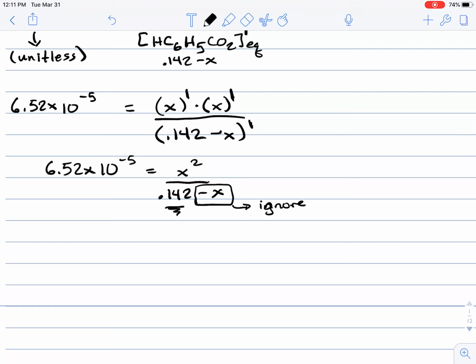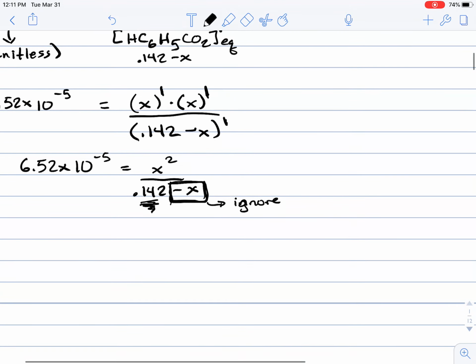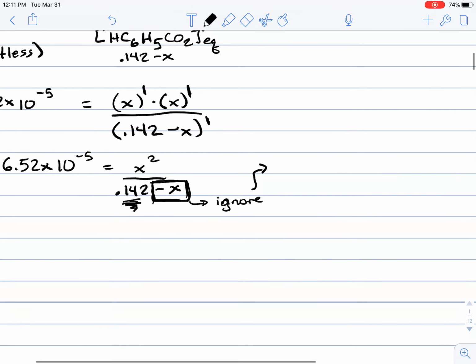However, if the change is very minuscule, such that it won't really affect the value of the initial concentration too much, then we can go ahead and ignore it. We can answer that question by determining if this statement is correct.